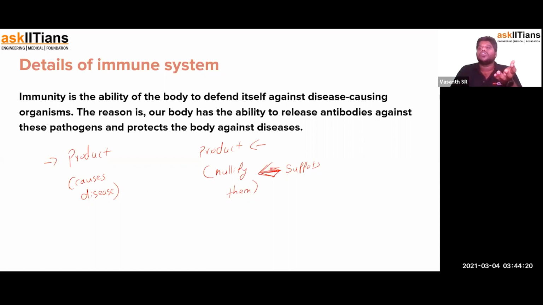Our saliva is also innate immunity. The HCl in our stomach is innate immunity. All these will not allow microorganisms to pass through. As a result, the immune system helps in defending our body from foreign agents spoiling our system. That is the function of the immune system.